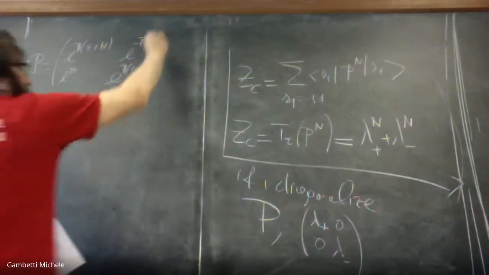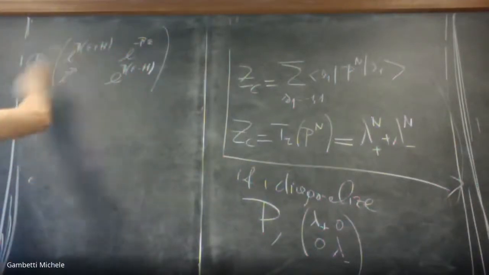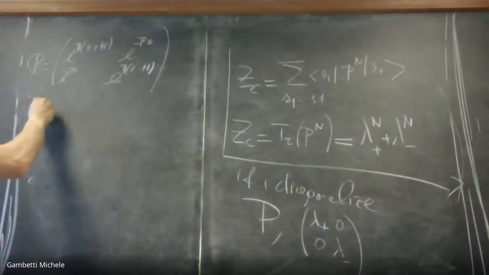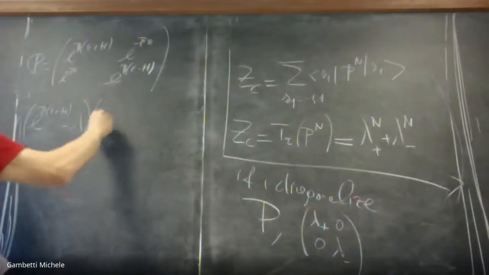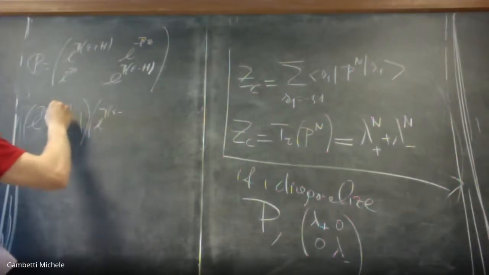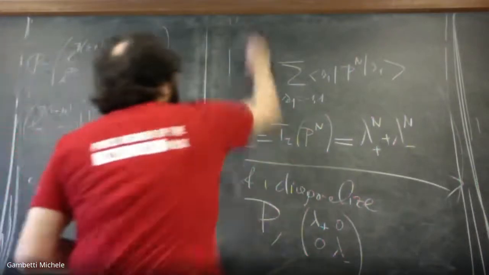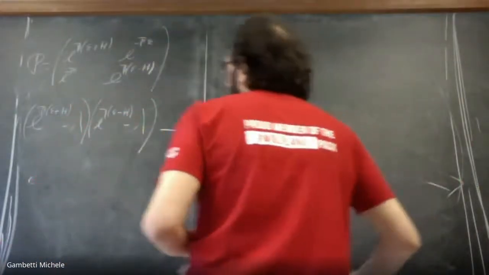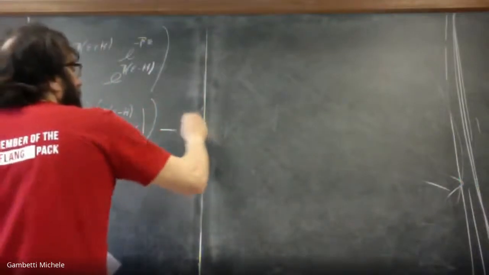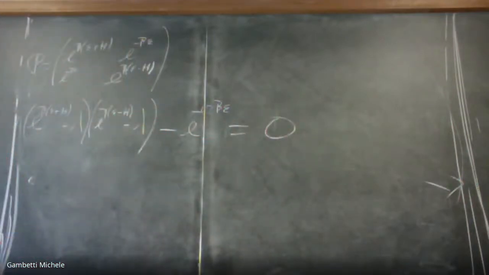In order to compute the eigenvalues, I just need to write and solve the equation: e^(beta epsilon) times (plus H) minus lambda, times this one, (minus H) minus lambda, minus e^(-2 beta epsilon) equal to 0. Now, okay, I can solve this equation.